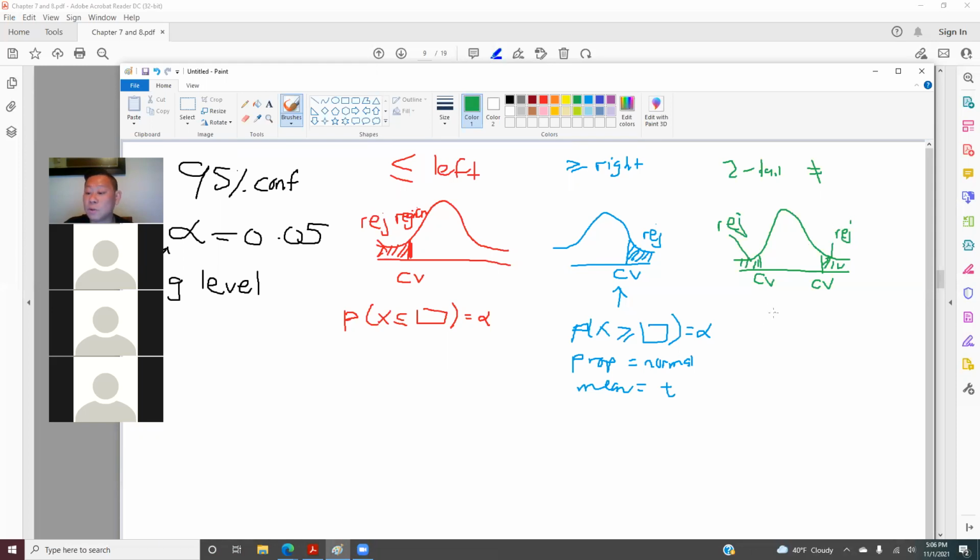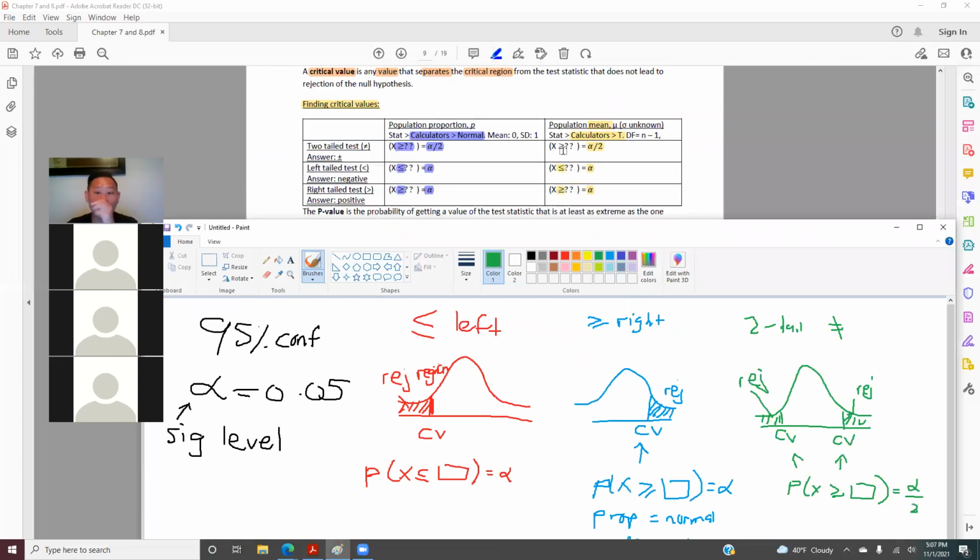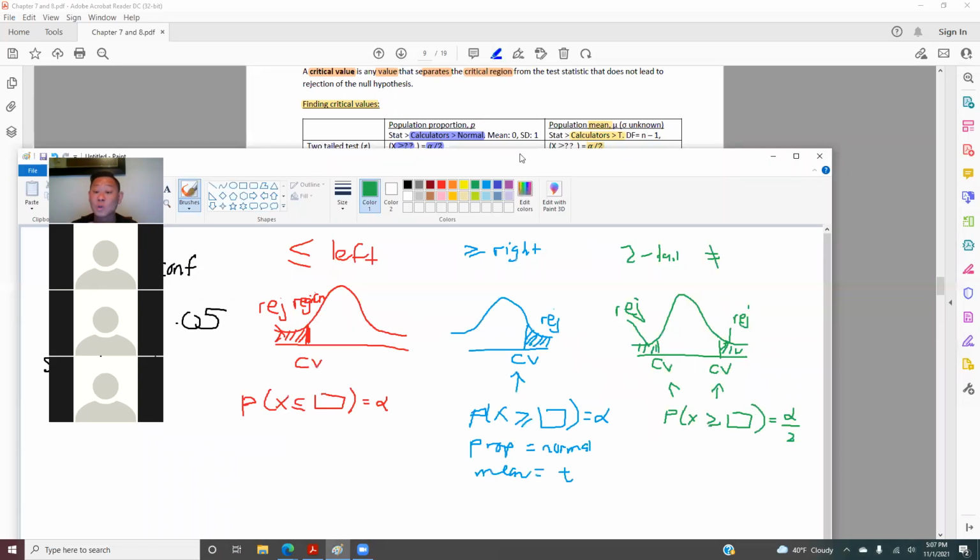In order to calculate this, you take P(X greater than or equal to blank) and you have to use alpha over 2. That's why for the two-tail test, the critical values all have alpha over 2. The reason is that you divide this into two sides, and one answer is negative and one is positive. Make sure you understand that this answer has positive and negative.